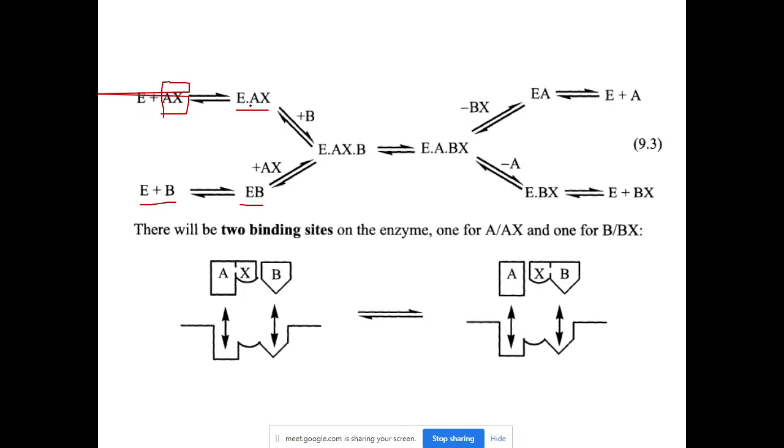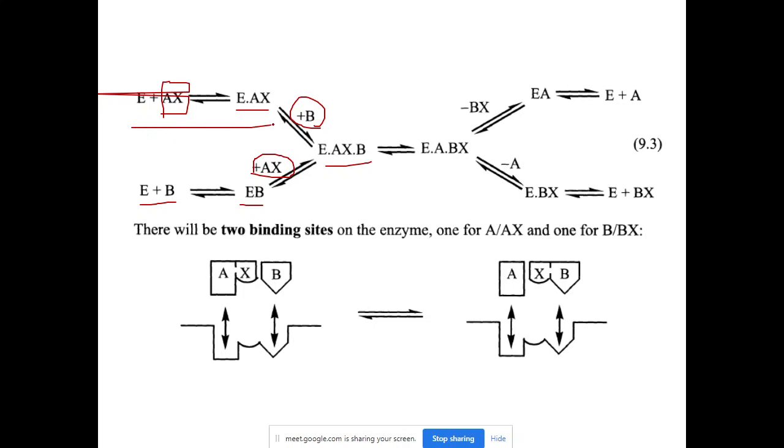Now, to this EAX, the second substrate B can bind, leading to the ternary complex that I talked about. On the other hand, you have EB. To this, the first substrate AX can bind, leading to the ternary complex. So both these mechanisms are possible.